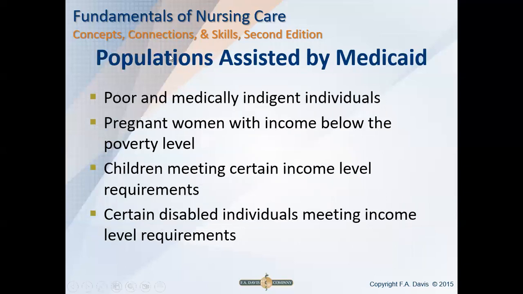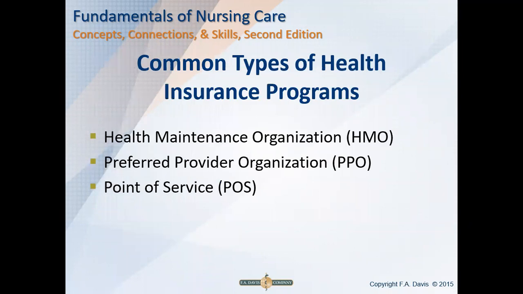Next, the population assisted by Medicaid: poor and medically indigent individuals, pregnant women with income below the poverty level, children meeting certain income level requirements, and certain disabled individuals meeting income level requirements. So they are the candidates, right? They are the persons to whom we provide Medicaid.